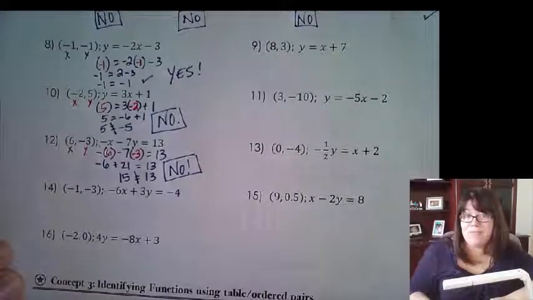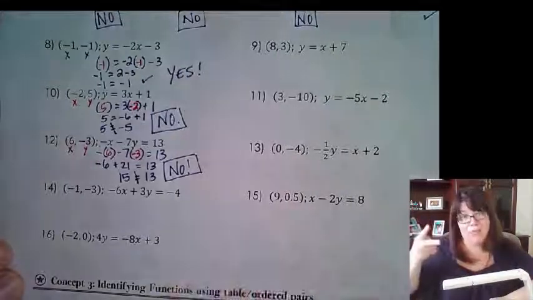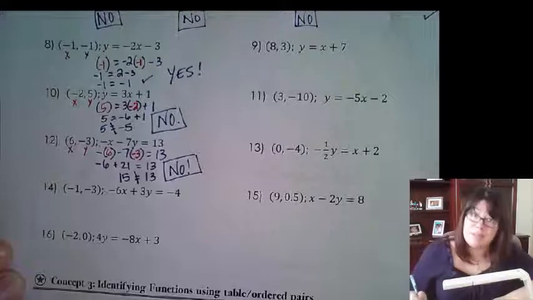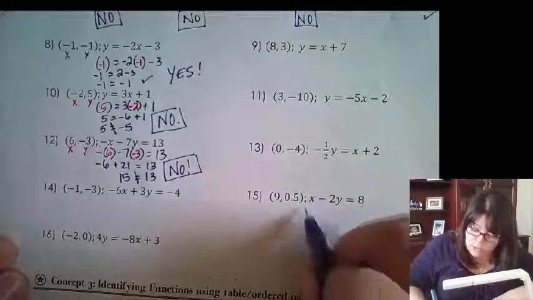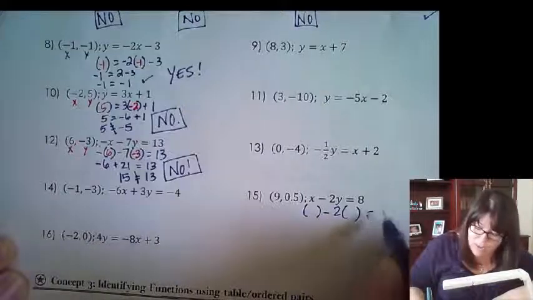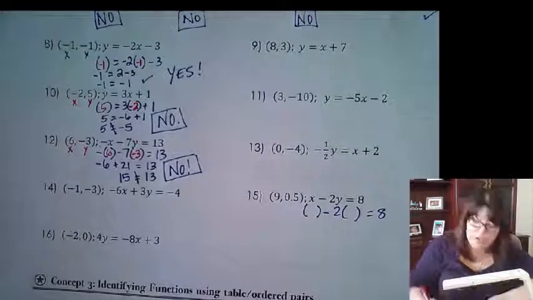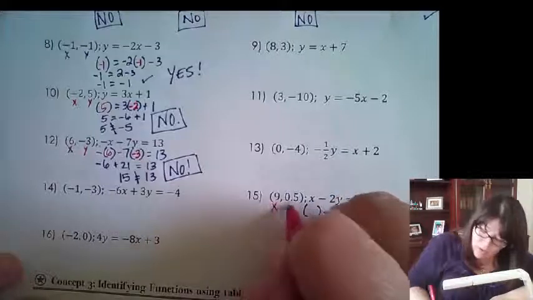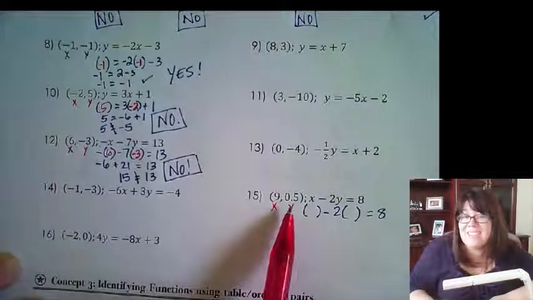Let's do number 15 together, because this one throws you a curveball, and I just want to give you a heads up that sometimes this will happen. All right, so we're going to do a space for x minus 2 times a space for y equals 8. So far, so good. Our point, we have x and y. But notice that our y is a decimal point.